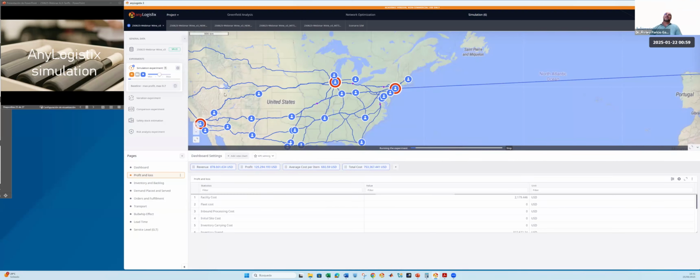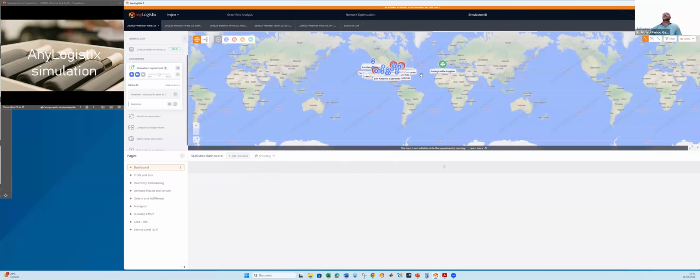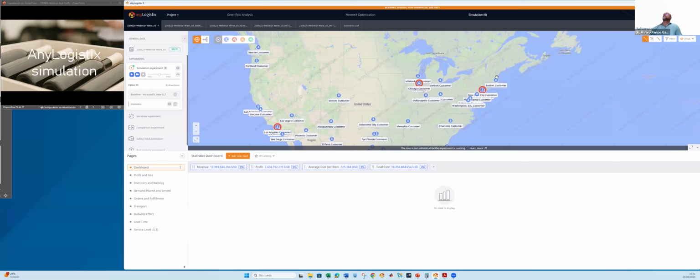So it's a standard simulation way to see AnyLogistix in action. Of course, it's just for a graphical perspective, or if you want to track specific dates. You can see here the timestamp for the simulation. It is slow because we created the slow speed here. So if we go fast, here we have the full simulation done.